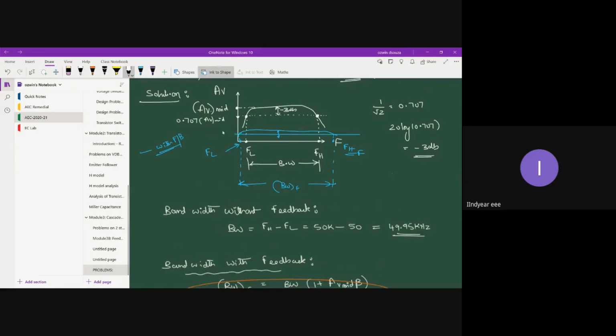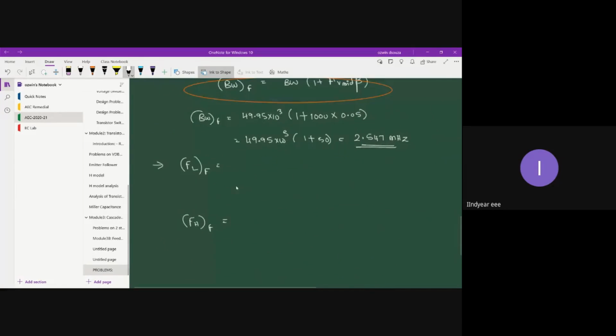With respect to this graph, the lower cutoff frequency decreases, right? So to have a decrement in the lower cutoff frequency, the factor should come in the denominator. So AV mid into beta will come in the denominator.